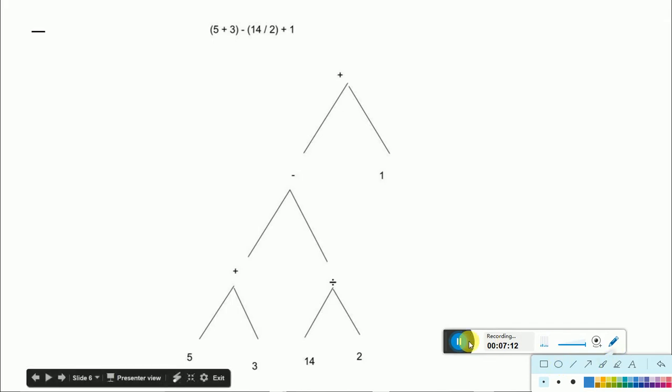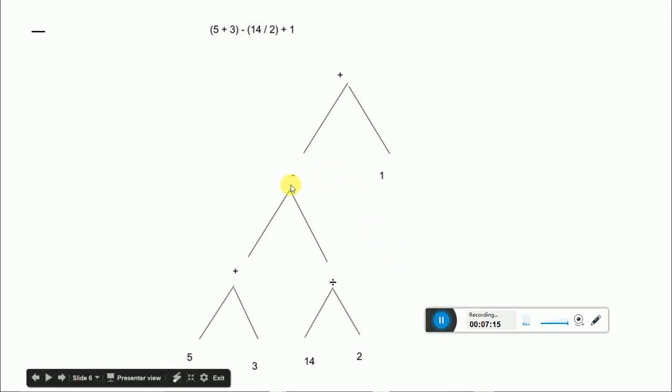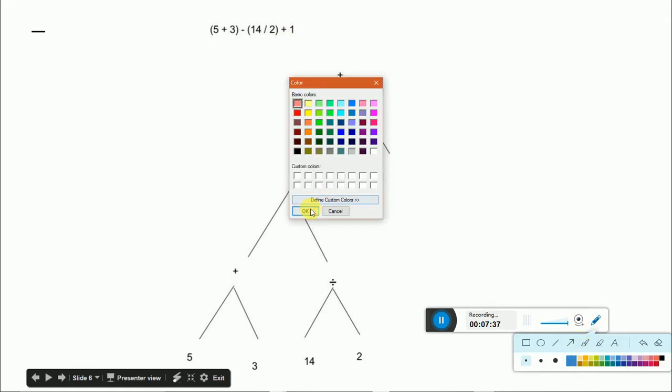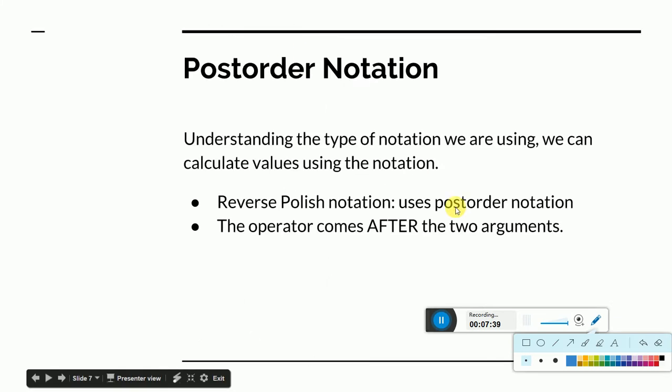Now, one thing that I didn't take a lot of time to mention, if we were to do order of operations, we would start with parentheses, simplify that, and then we would subtract before we would add. So when we determine what the overall root is for our order of operations problem, it is the very last step that we do, which in this case is this addition right here.